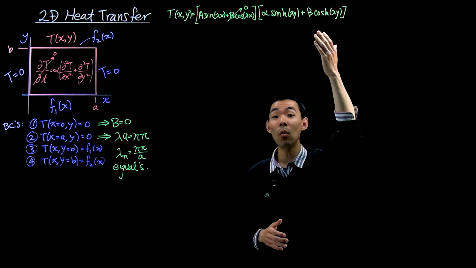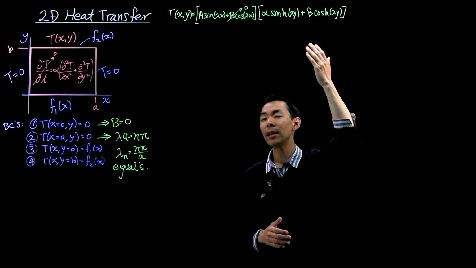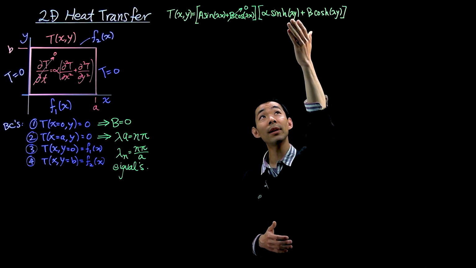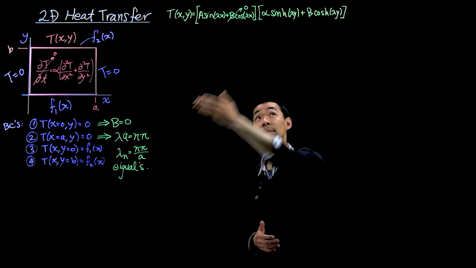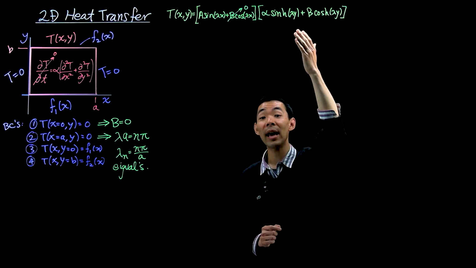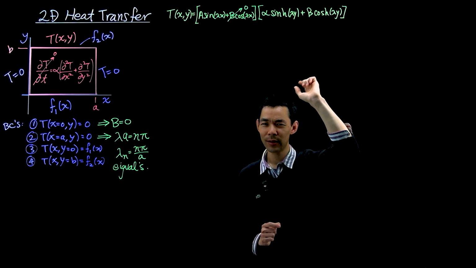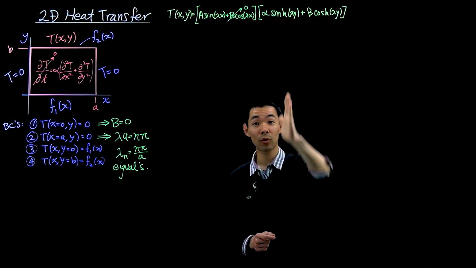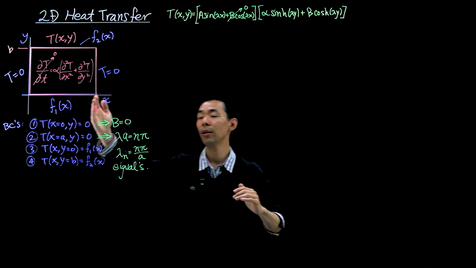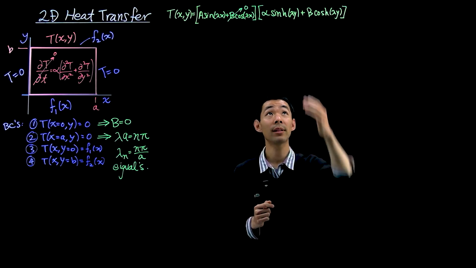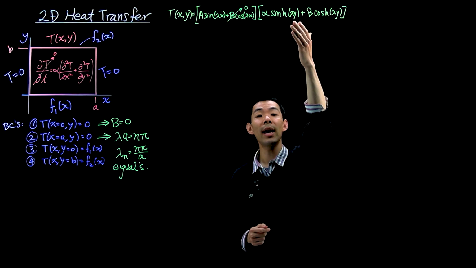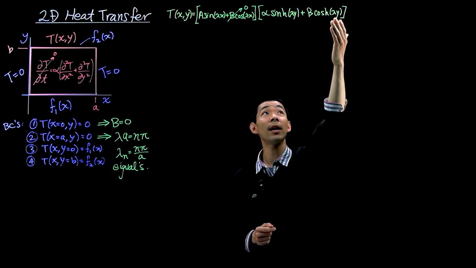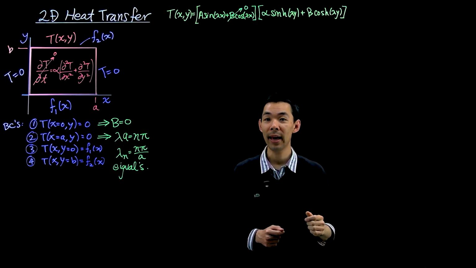But over here on the y dimensionality, when you substitute lambda in there, it's going to be n pi y over a. So there's a kind of interesting combination, right? Because the variable y is going to go along the vertical direction, but you have the dimensions along the x direction in the denominators. It's going to be n pi y over a for the sinh, and same thing with the cosh, n pi y over a.